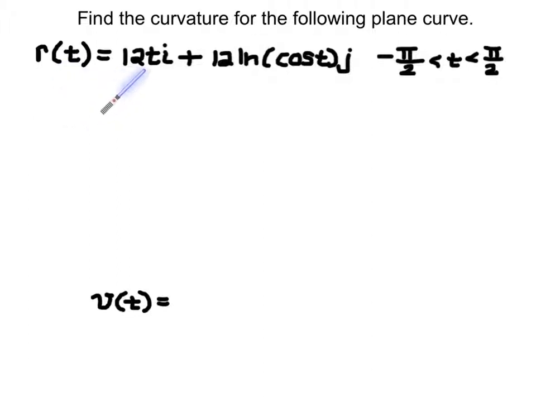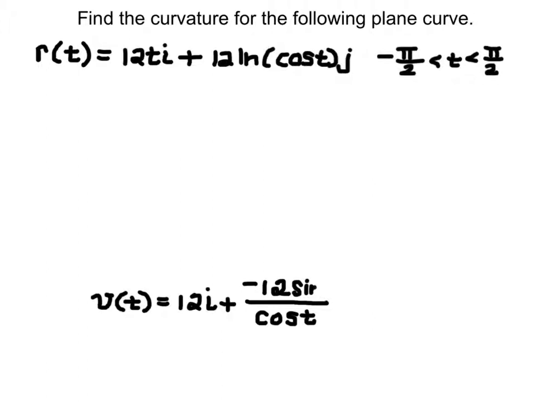The derivative of 12t is 12, so we have 12 in the i direction, plus the derivative of 12 times the natural log of the cosine of t, and this will require the chain rule. So we have 12, and the derivative of the natural log is 1 over the cosine of t, and the derivative of the cosine of t is negative sine t, so we have a negative sine of t, and this is in the j direction.